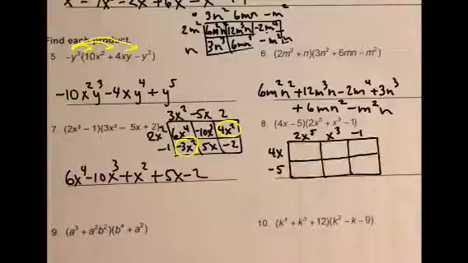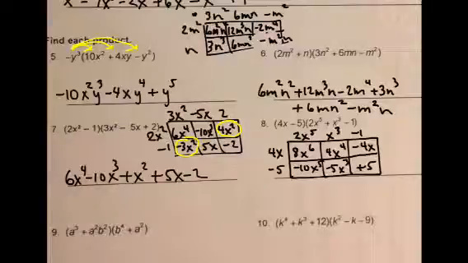So we do the same. So this one's going to be 8x to the sixth, 4x to the fourth, negative 4x, negative 10x to the fifth, negative 5x cubed, plus 5. There are no like terms, so we're just going to get all the terms in standard form.